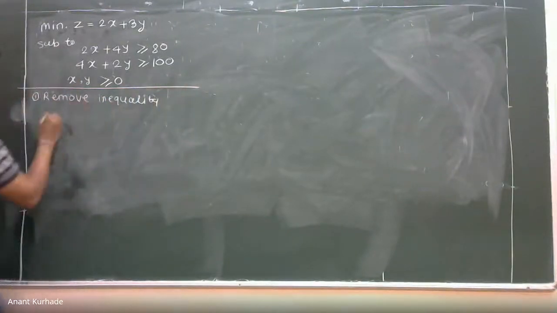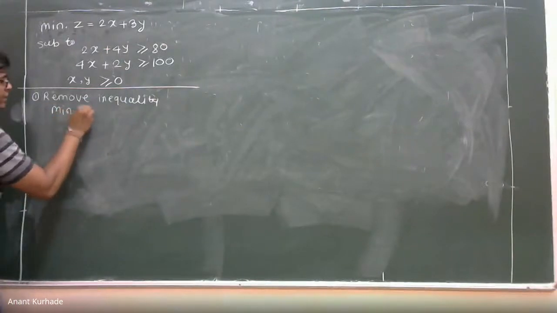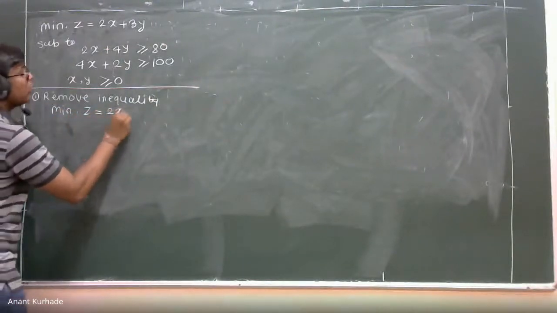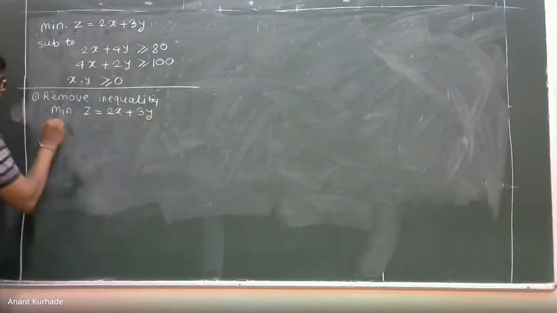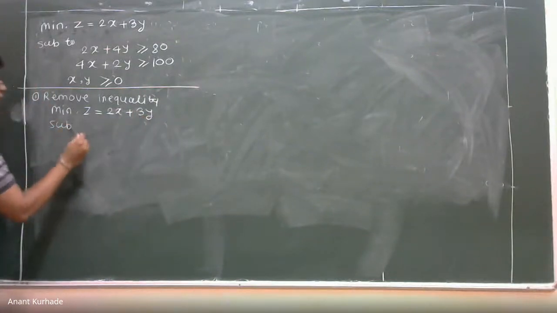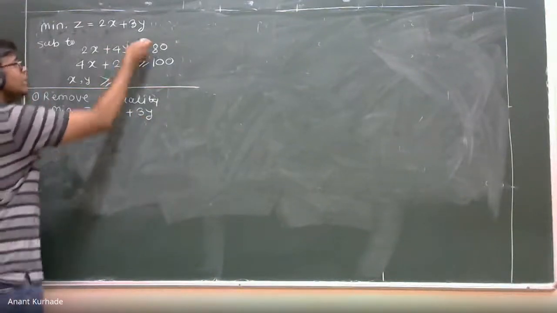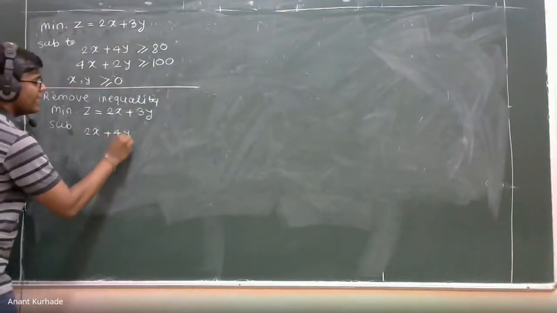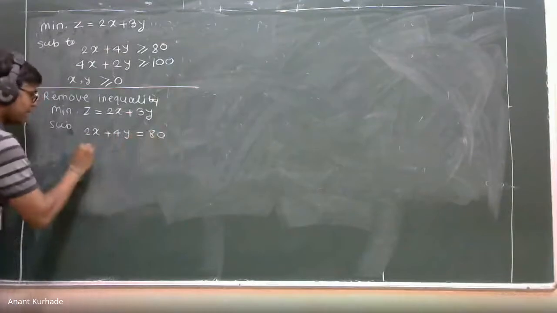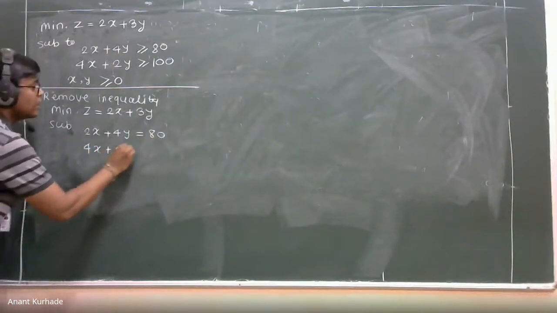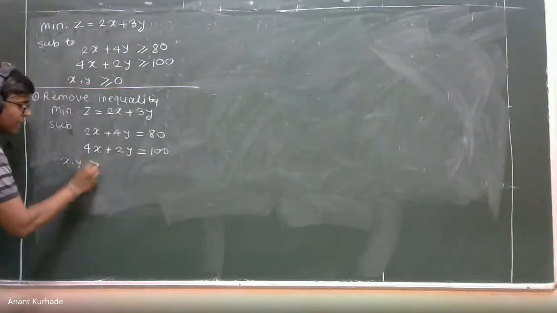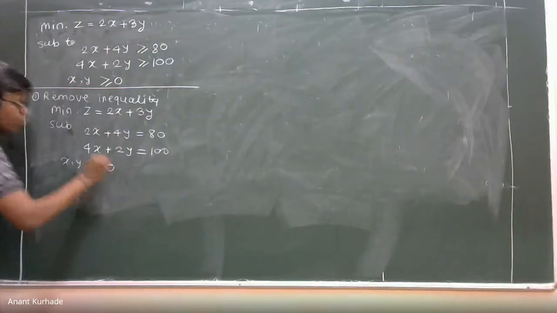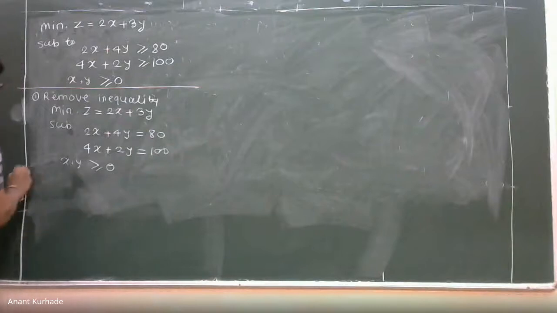Minimize z is equal to 2x plus 3y, subjected to 2x plus 4y equal to 80, and 4x plus 2y equal to 100, and write down x, y greater than or equal to 0. You can get 1 mark for this. This is your first step.